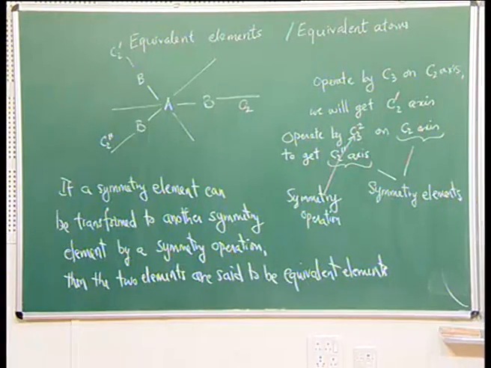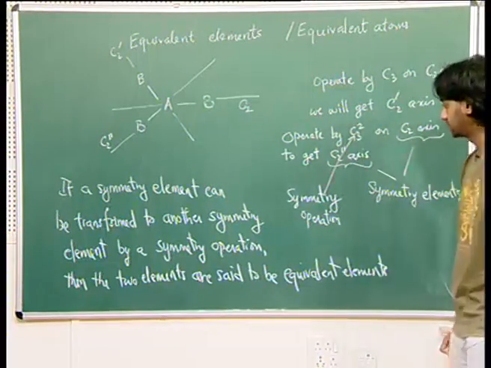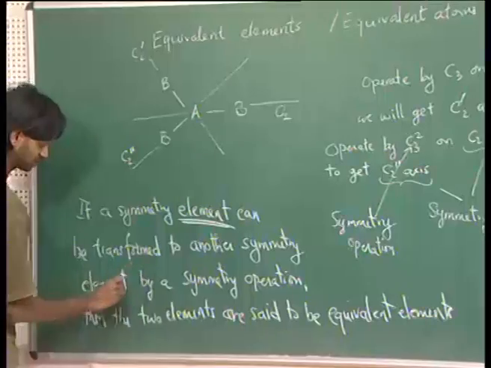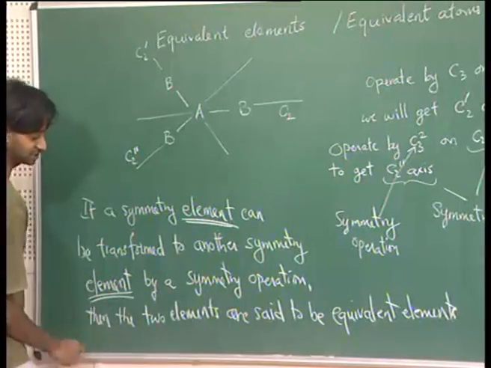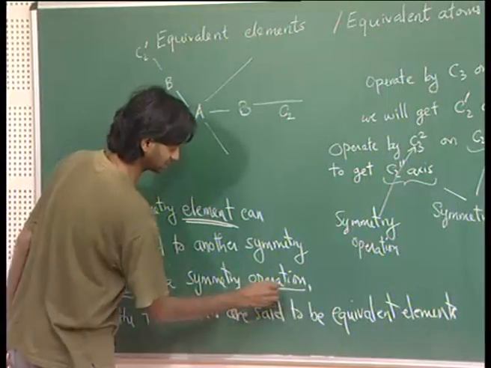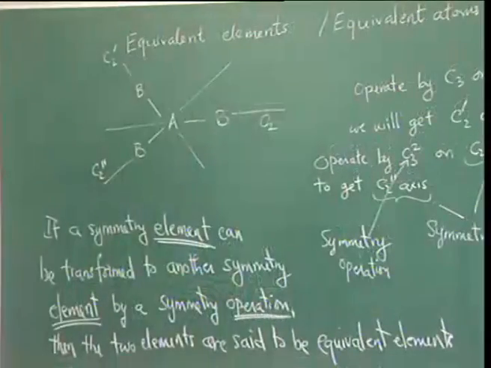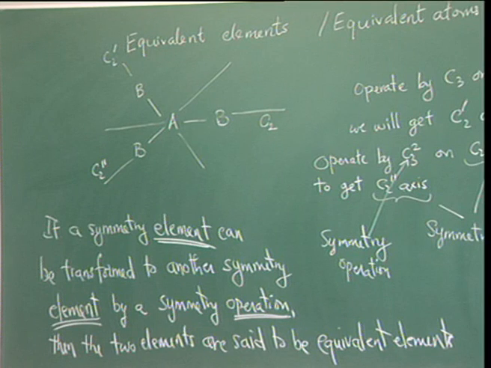It is very important to notice that this is an element here, and this is also an element, but they are transformed by the operation. So it is very important to pay attention to these things. Equivalent elements will turn out to be quite important, and we will see them shortly. The other thing is what are equivalent atoms.